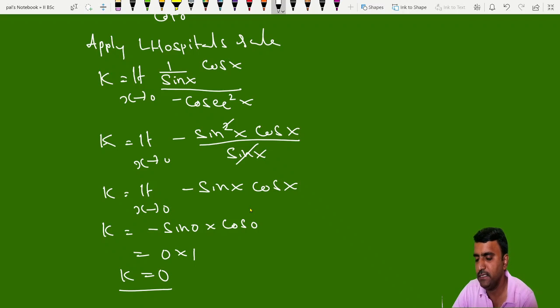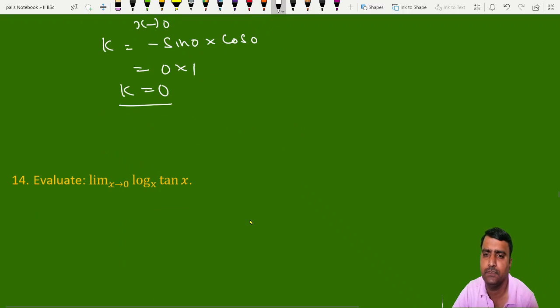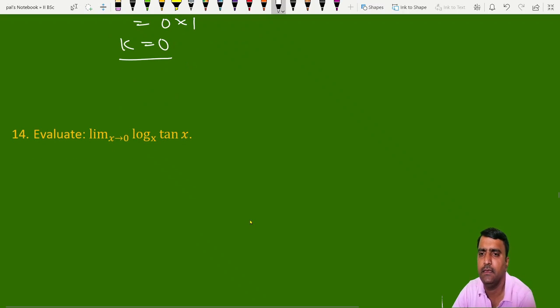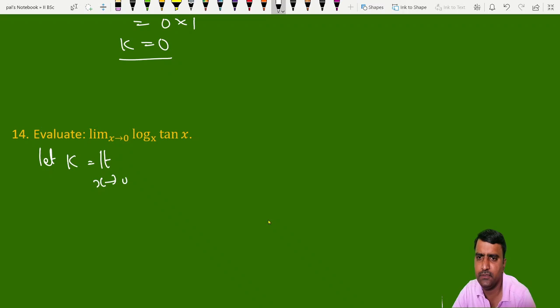Similarly, take one more example: the limit of log of tan x to base x when x tends to 0. Let k be equal to the limit as x tends to 0 of log of tan x to base x.